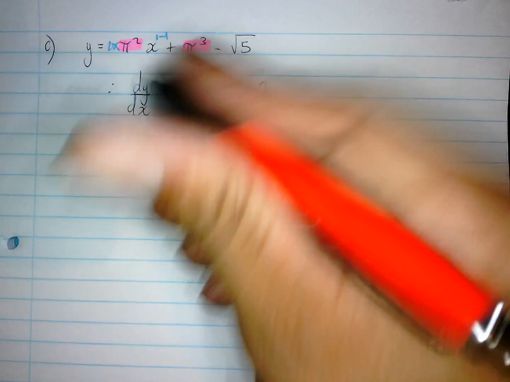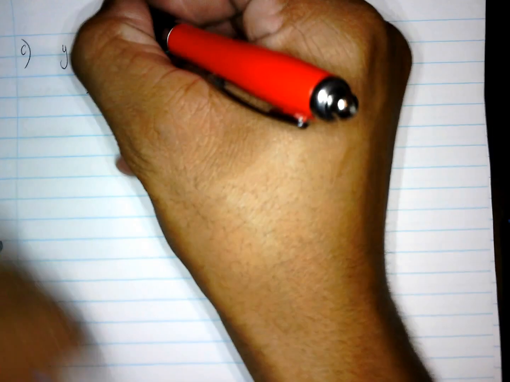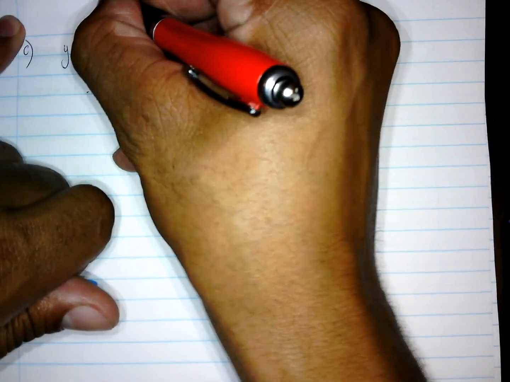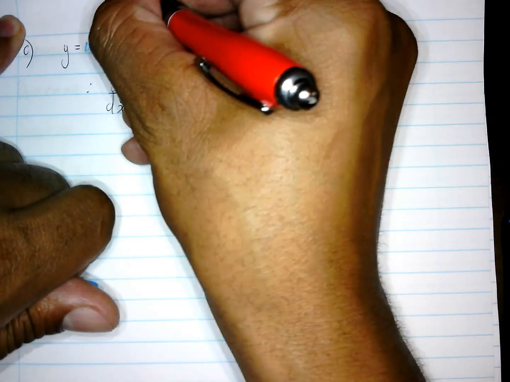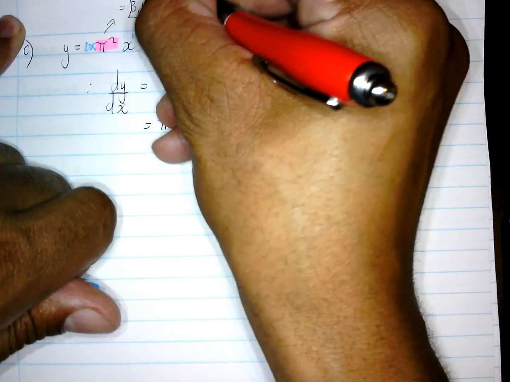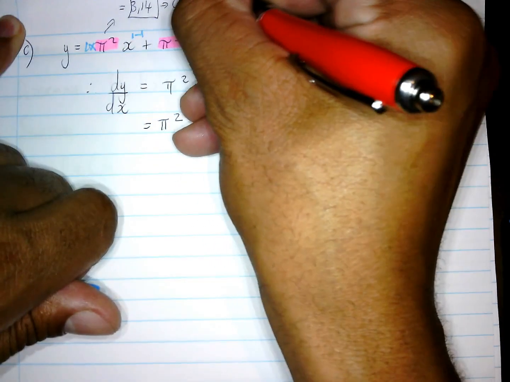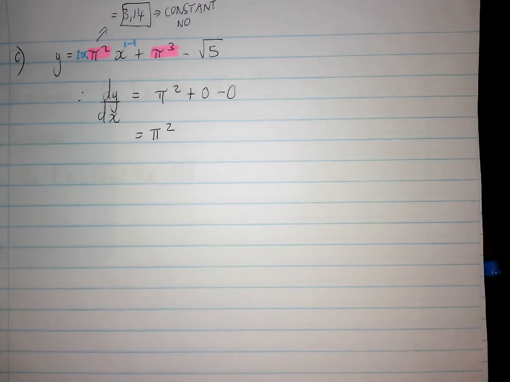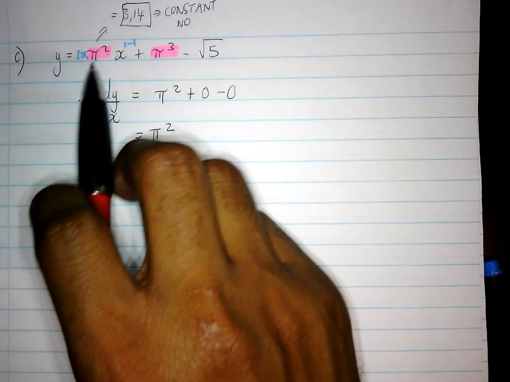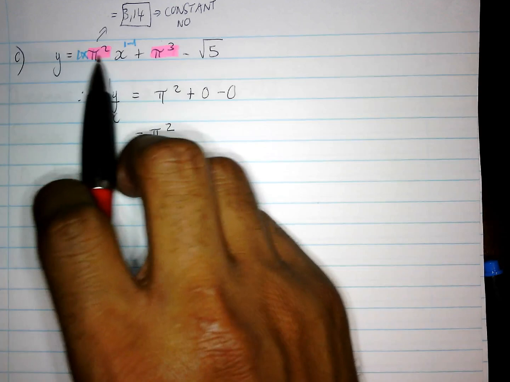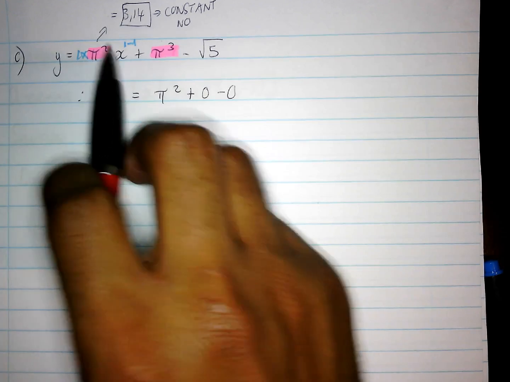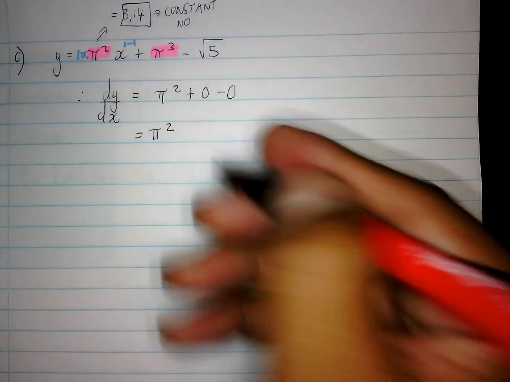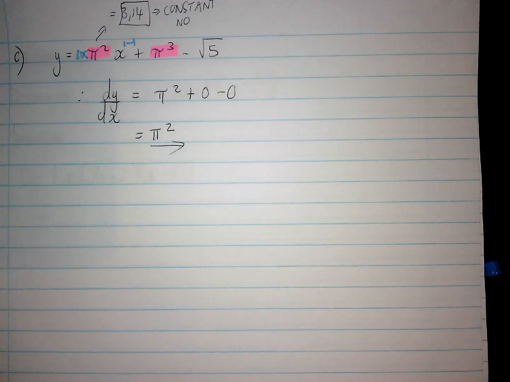So remember, pi is equal to 3.14. So it's a constant number. So don't mix up pi as a symbol or as a variable. So it's a numerical value. So this is going to be your final answer.